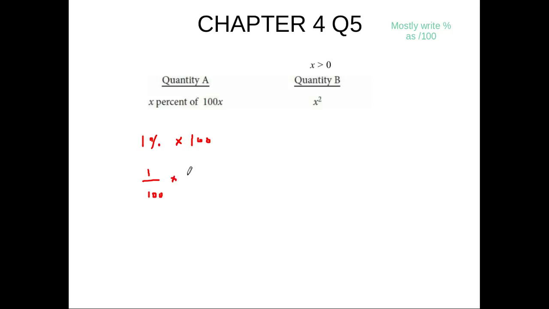And if you formulate it more algebraically, you always write the x here, and you can also write the x here. So if I remove this, it will be x here, and here is also equal to x. If you simplify it, this 100 will go with this 100, and the final value will be x square. So quantity A and quantity B are both x square. That's why you write it like this, as 1 over 100.